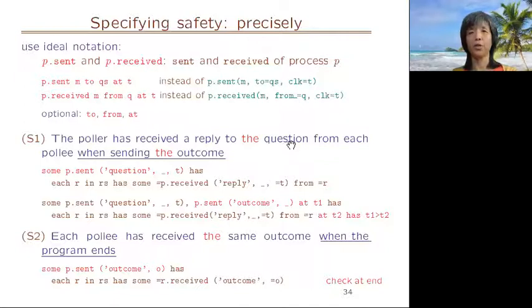So this is the existential quantification, some p sent question with the ID t. That is the question. So for this question, we say each R in responders, that's pollee, has some received reply with the same ID.